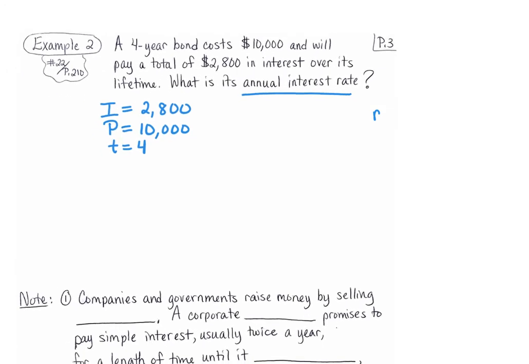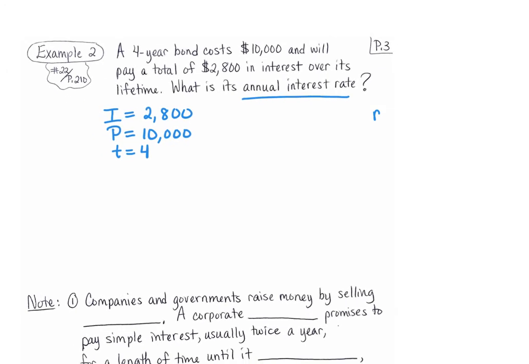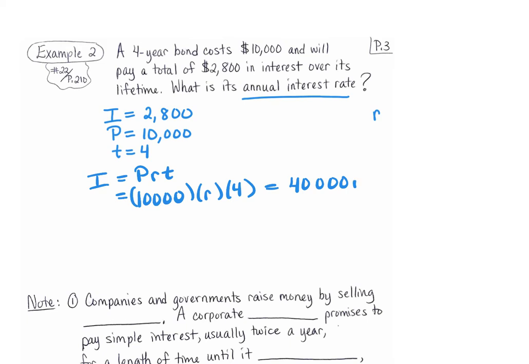Let's move this back up. So we have I is equal to P times R times T. So that means we have I is 10,000 times R times 4, and that gives us 40,000 R. Okay, so that means that I is equal to 40,000 R. We can just write this here again if you would like.